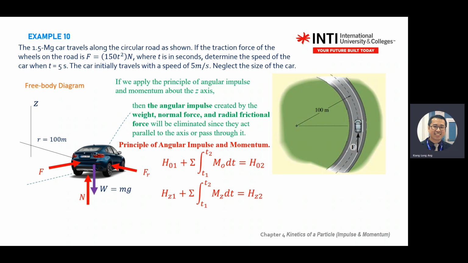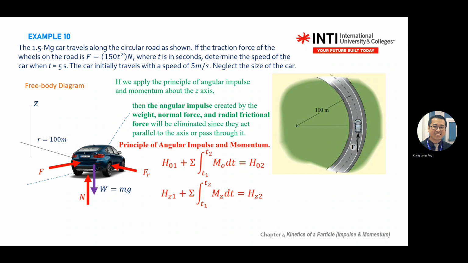Angular impulse is moment times time. Angular momentum is, you use your right-hand rule, r cross mv.